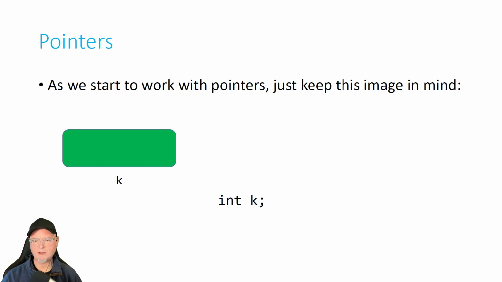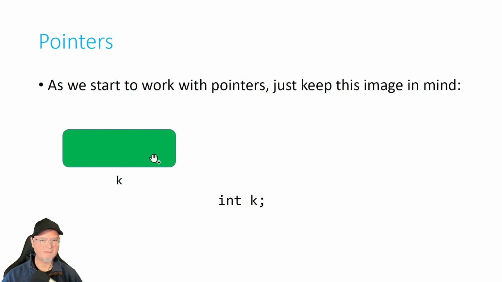So let's say that we initialize an integer called k, and you can visualize in your mind. I know we have been visualizing that grid system and boxes in a memory grid previously, but maybe think of a different way. Let's just say that we've set aside some memory.